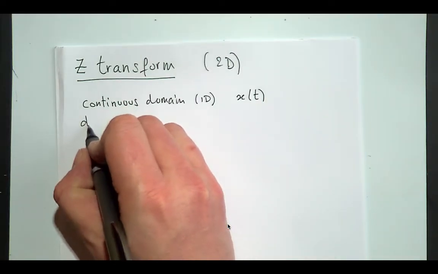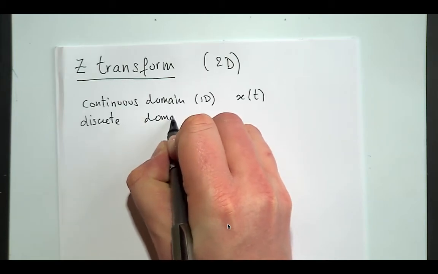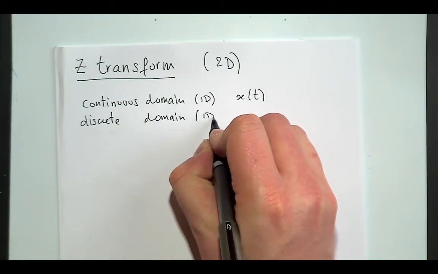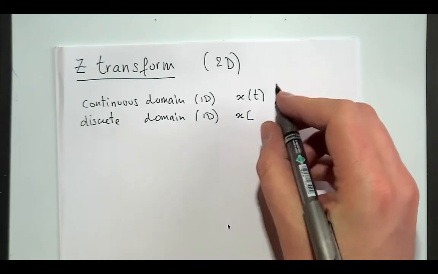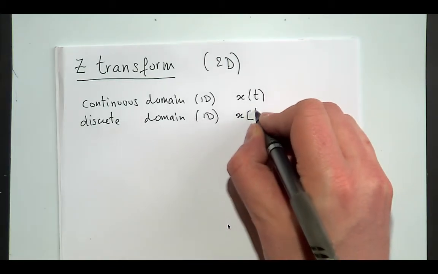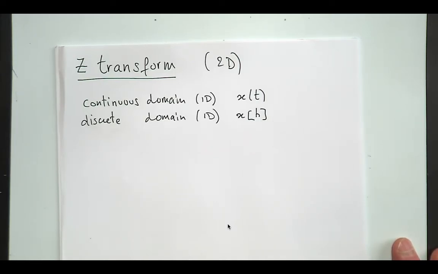Then we had the discrete domain, still in 1D, where this time the signal is sampled at some locations, and I would call that particular value x of square brackets h, and h would be the index in your signal.